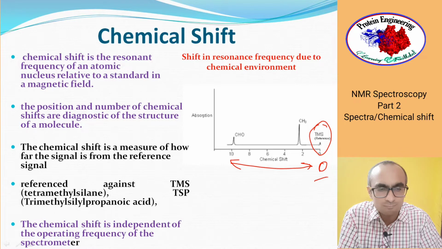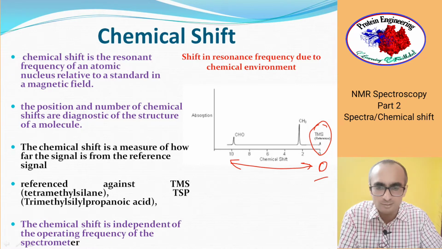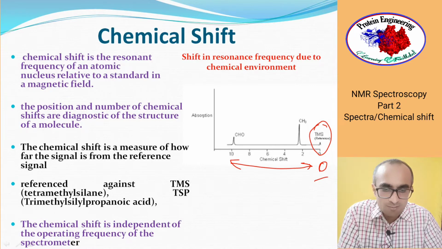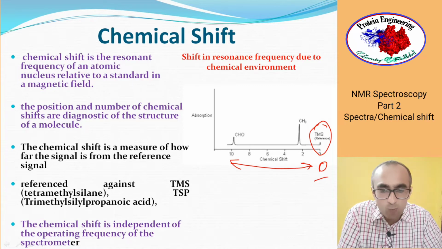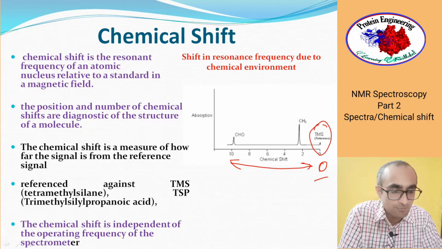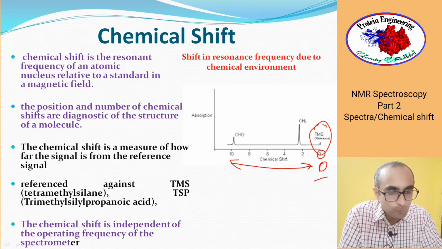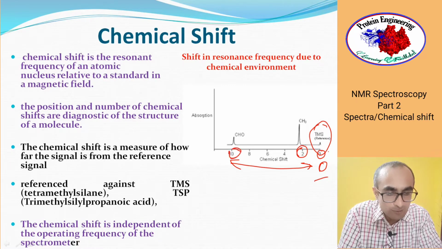So this is what we call chemical shift. This chemical shift is a measure of how far the signal is from the reference compound. For example, the TMS reference compound is 0 ppm. The CH3 group proton in CH3CHO is placed around 2 ppm with respect to the TMS peak, and the CHO proton is around 10 ppm, again with respect to the reference compound peak.